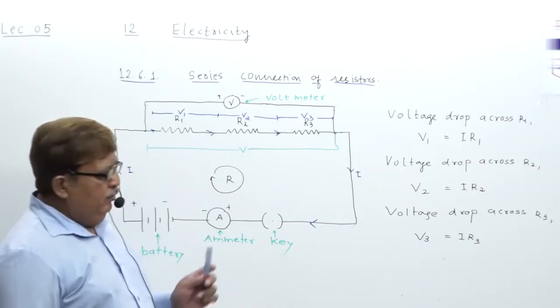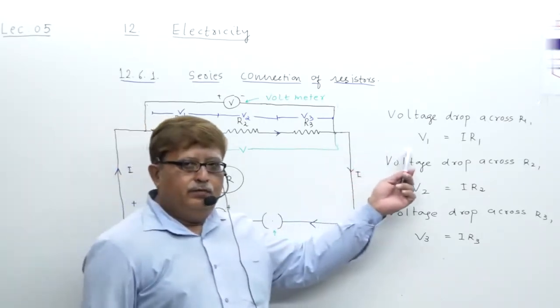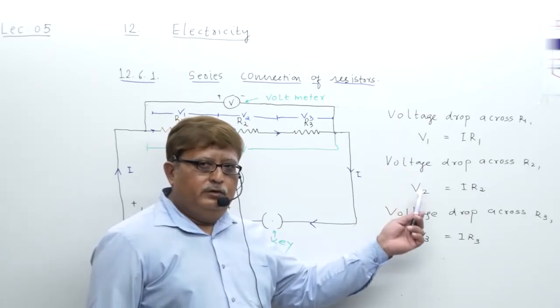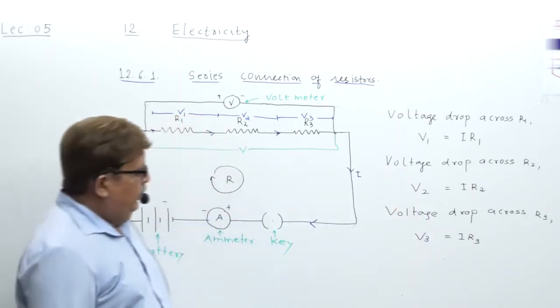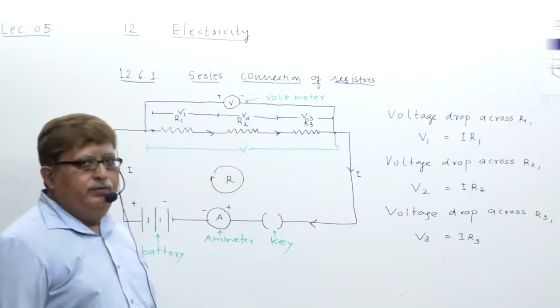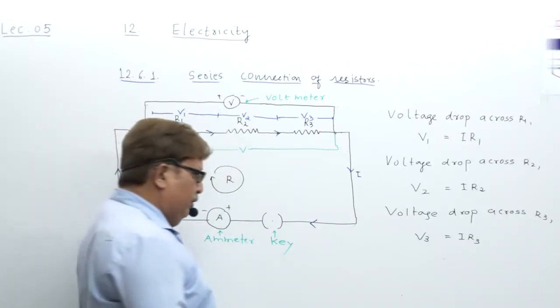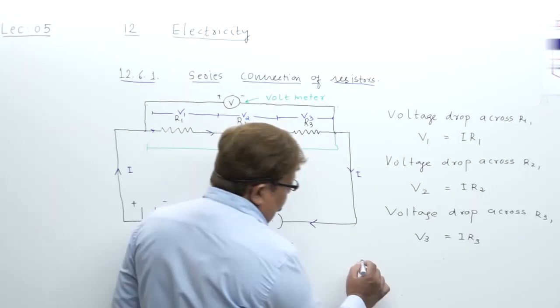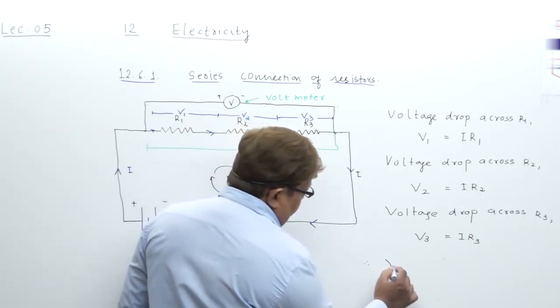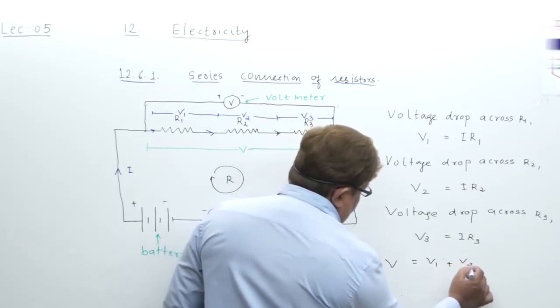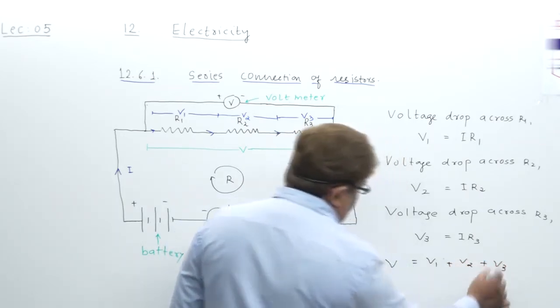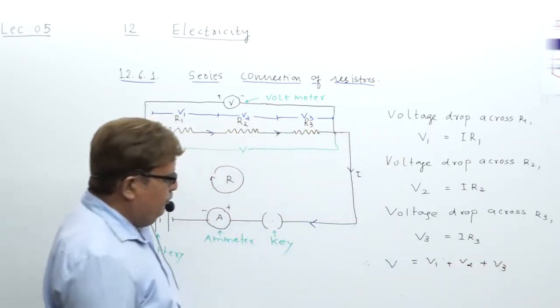Understand? So if you add V1 plus V2 plus V3, it is equivalent to V. So can I write this way? Therefore, V equal to V1 plus V2 plus V3.